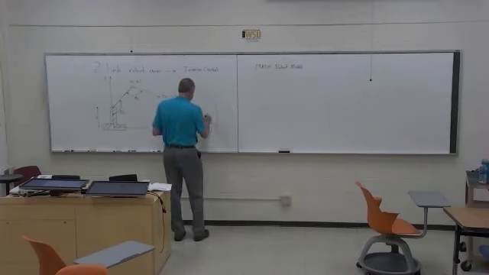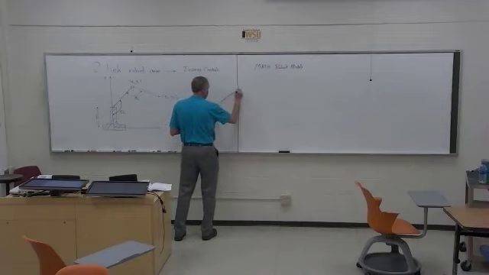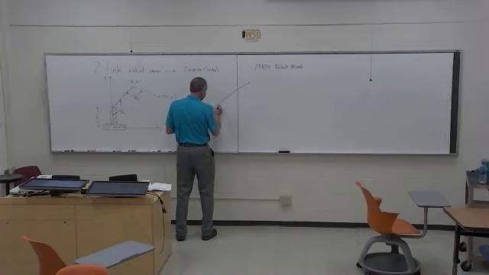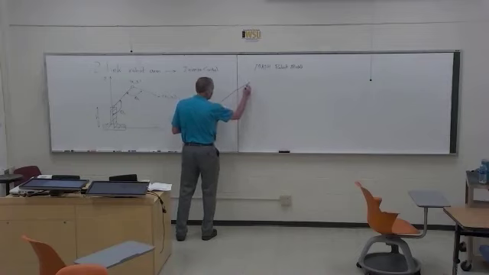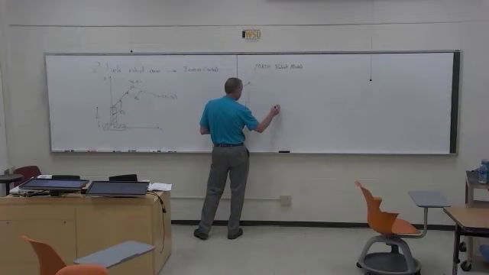So this is the height h. And this goes over like that. Draw a right triangle like that. This comes down like that. Draw a right triangle here.